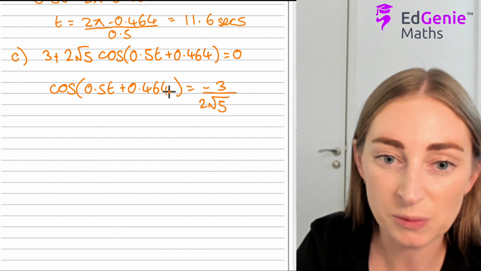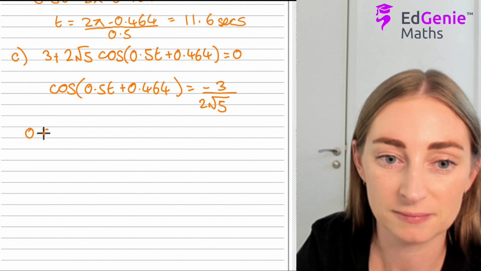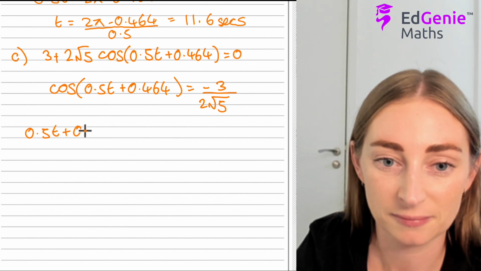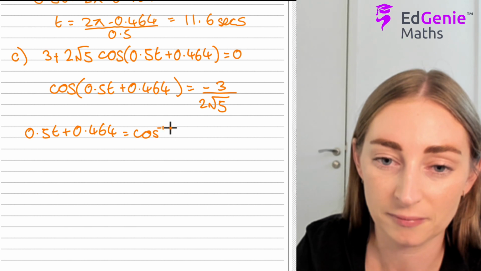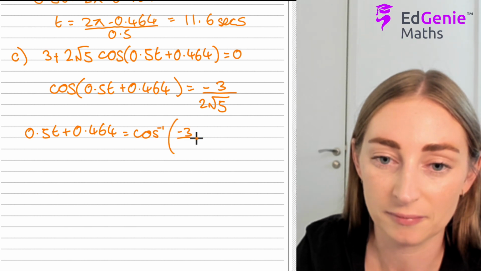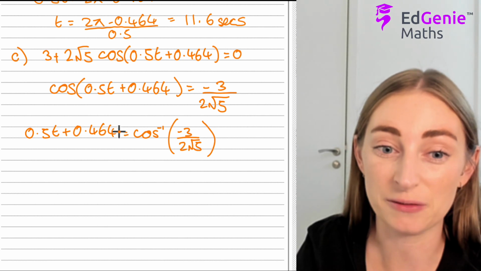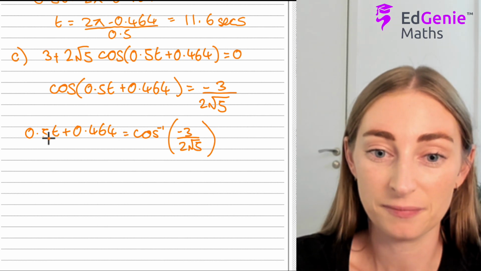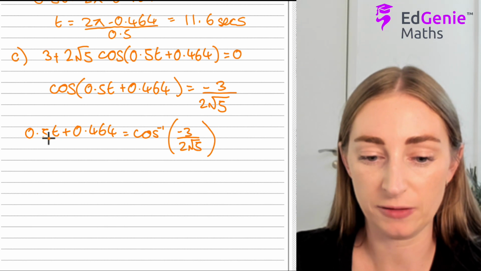So cos to the minus 1 of this. And then I'm going to take away this and then divide by a half. But I'm wondering if I should work out those values first.